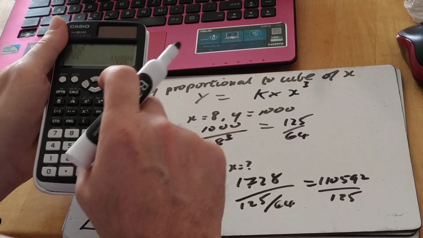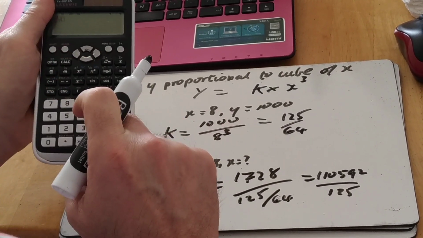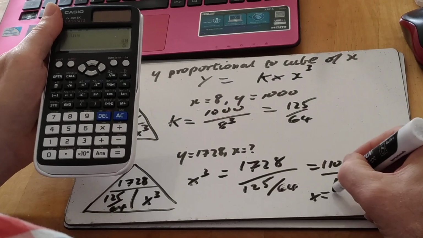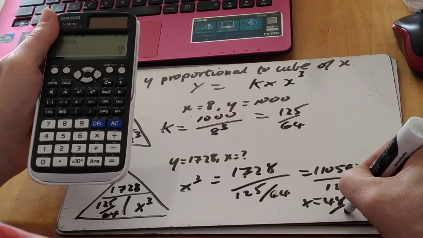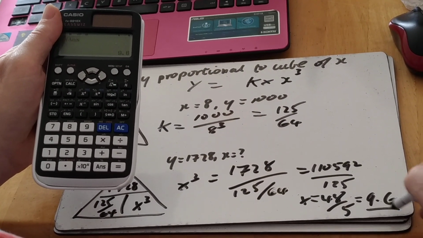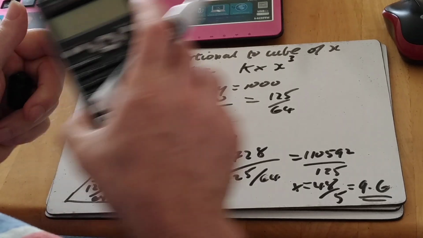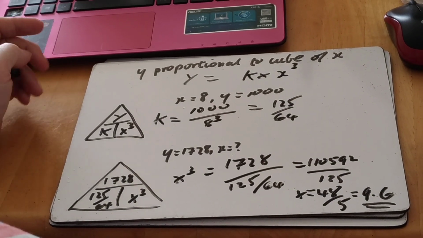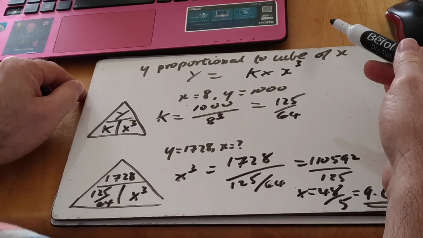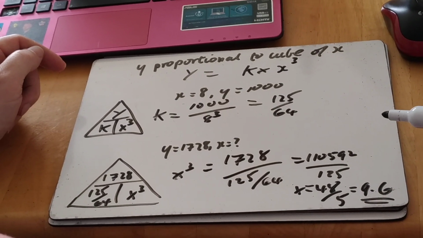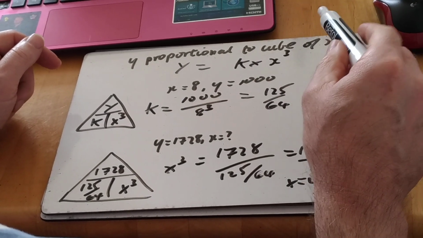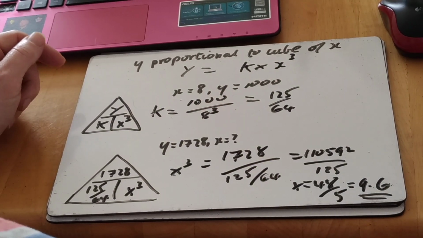So I need to do the shift cube root of my answer, which equals apparently 48 over 5, S to D, 9.6. And there's no plus or minus because it's a cube root, so it has to be positive. So that's quite a complicated one. That's going to come way into the second half of a higher paper because of the nature of it and how you want to do it. But using these triangles, I think, is a good way to go.